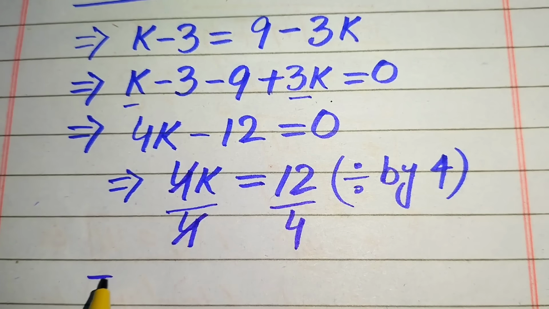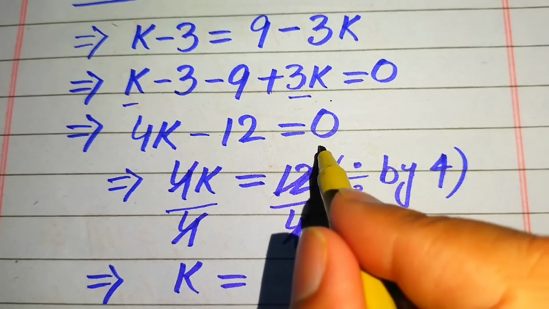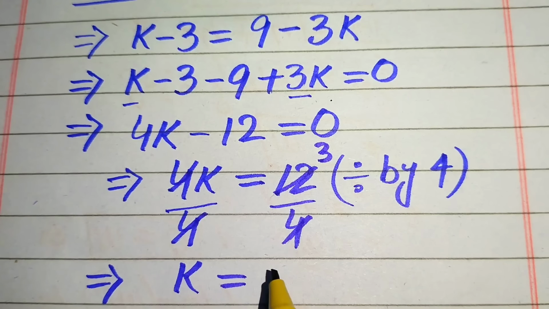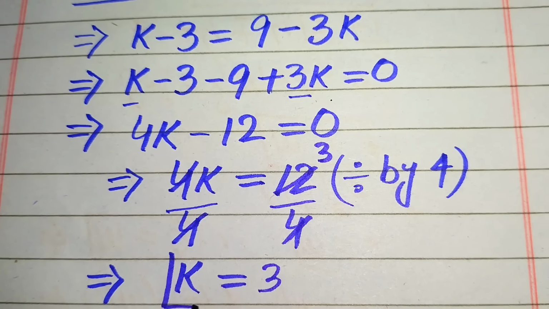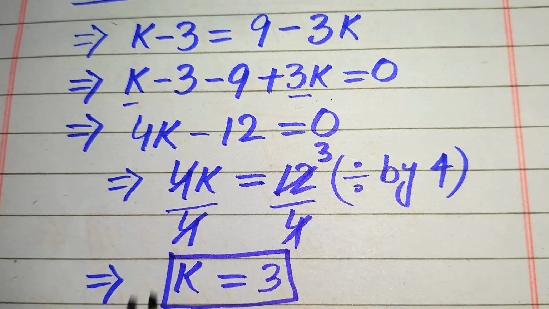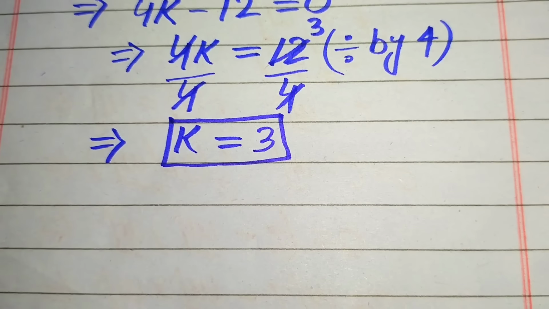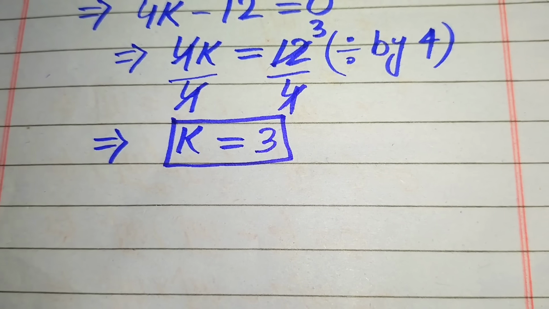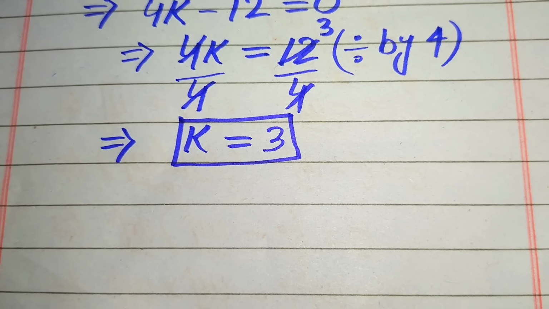The 4 and 4 are gone, and 12 divided by 4 is 3, so we get k = 3. So k = 3 is the only root we can find from the first method.